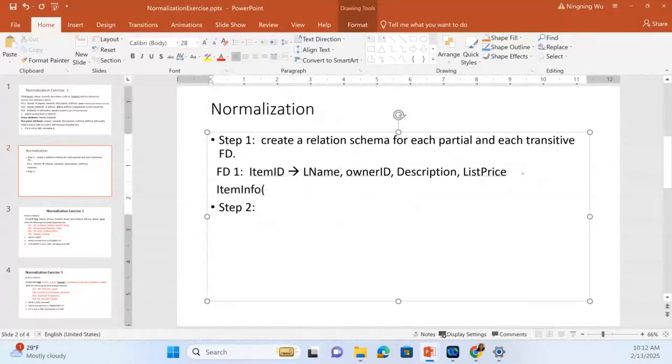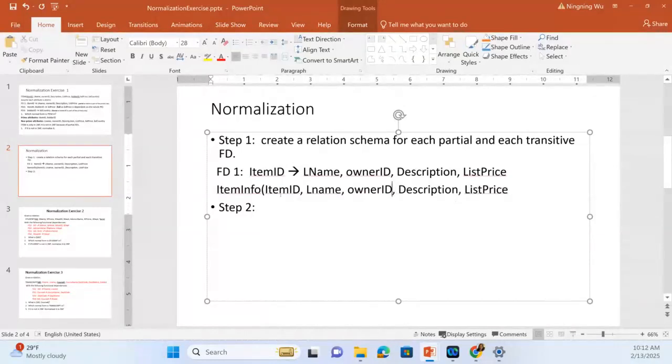Okay, so then we simply list all attributes on both the left hand side and right hand side. So item ID, owner's last name, owner ID, description, so that's basically what we have here.